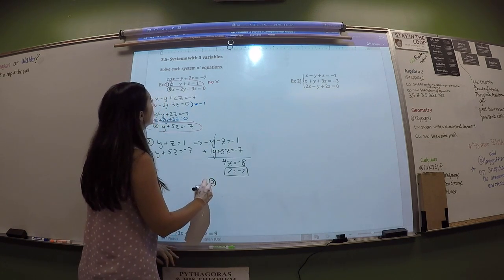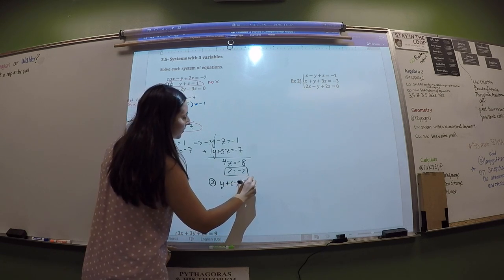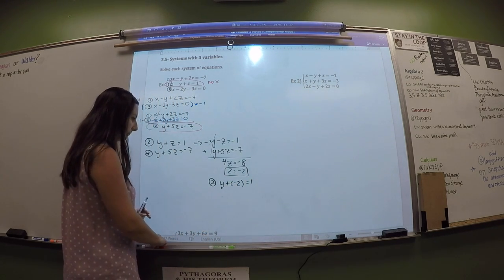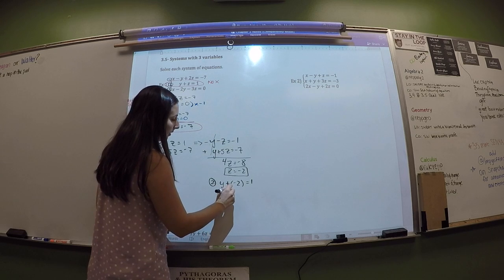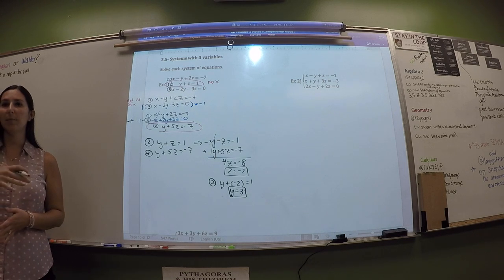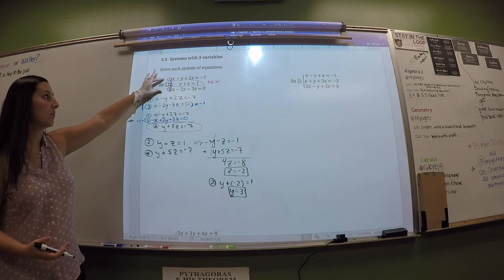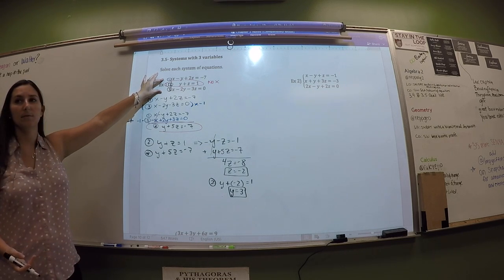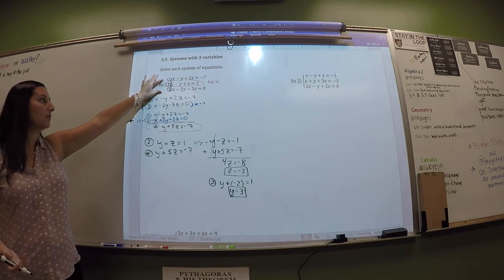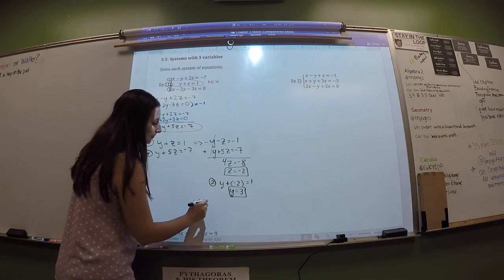So 2 is Y plus Z equals 1, and Y is equal to 3. Now once you have 2 of the variables, you plug them back into one of the equations that has all 3 in there. In this case, either 1 or 3. It's up to you. I'll pick 3.